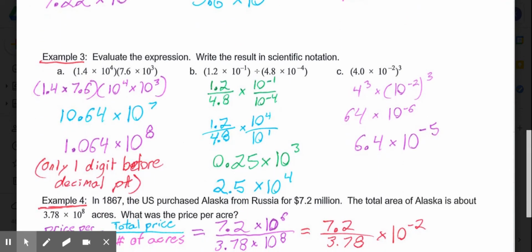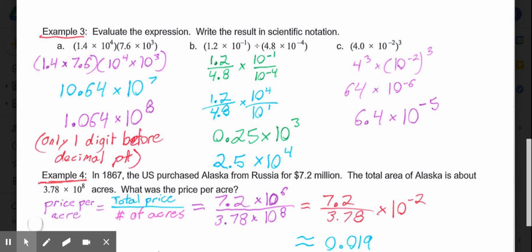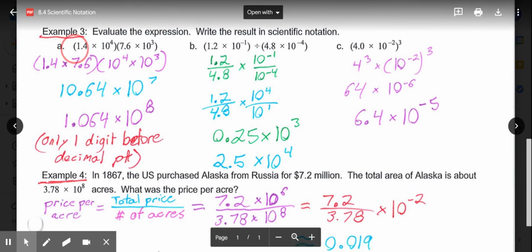And now, in example 3, we're going to look at how we evaluate expressions, writing the result in scientific notation. So what if we have scientific notation multiplied by scientific notation? Well, what we do is we take the numbers out in front. So in this case, 1.4 times 10 to the 4th, multiplied by 7.6 times 10 to the 3rd.